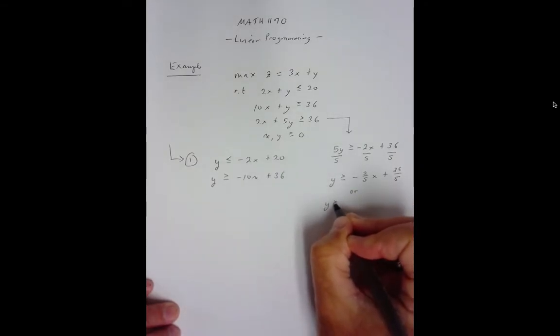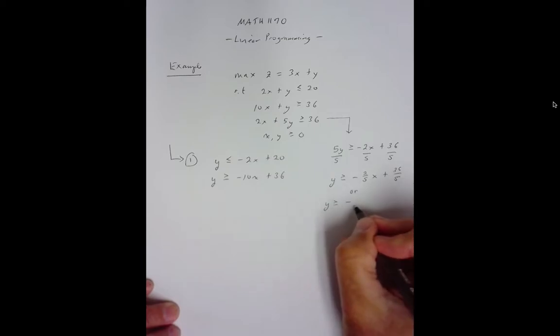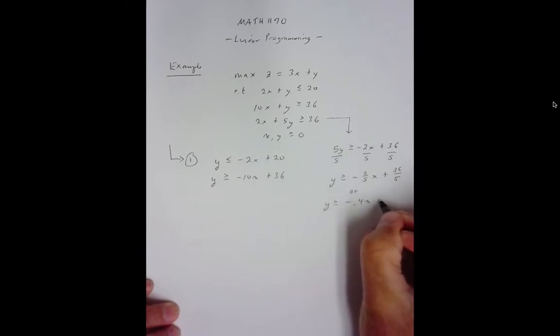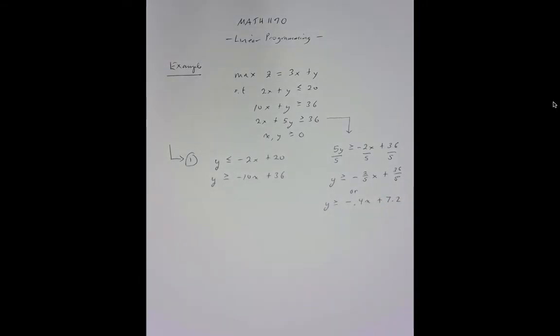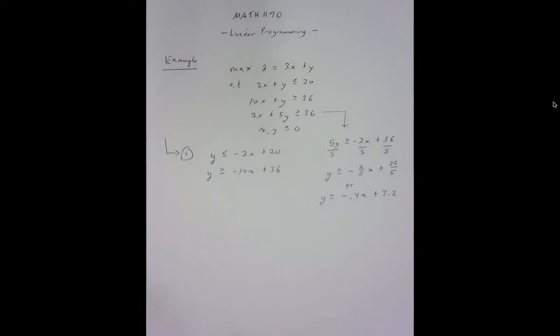If you want to redo these as negative 0.4x plus 7.2, is that right? Usually I'm fine with this, but when I'm putting up a video, I want to double check everything because it's frustrating to get that email saying, Dr. Darby, you multiplied 2 times 4 and got 12 or something.